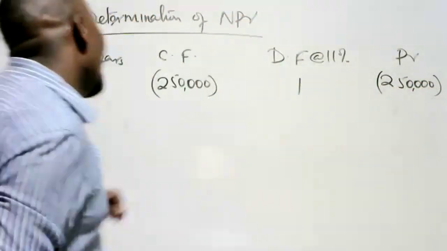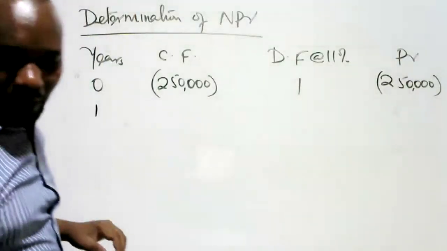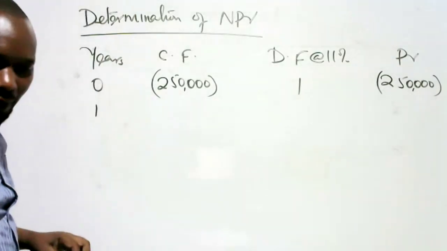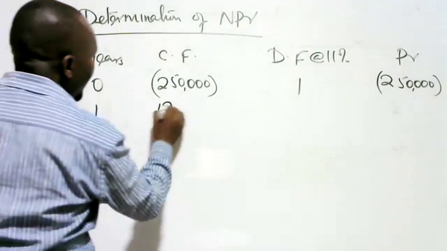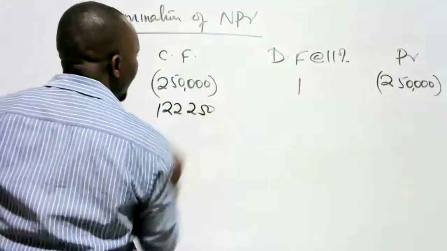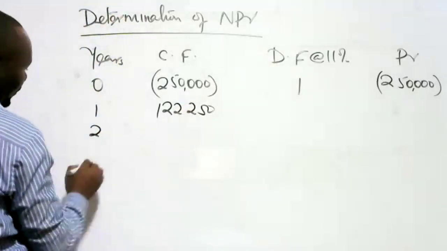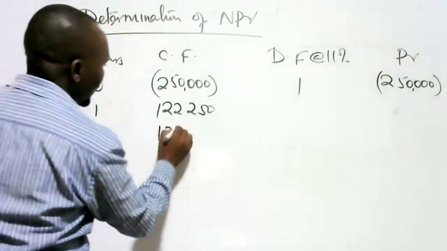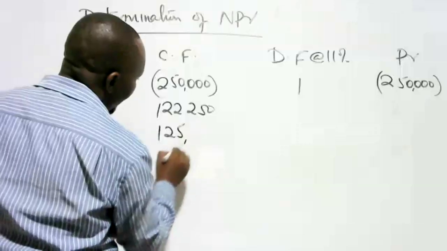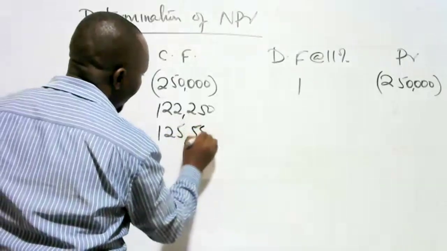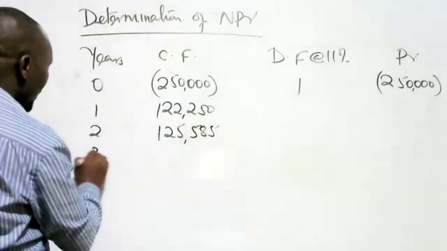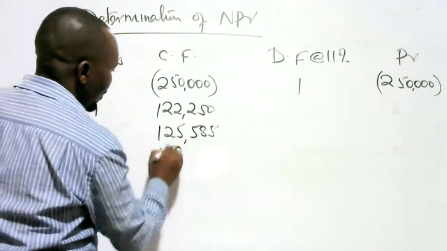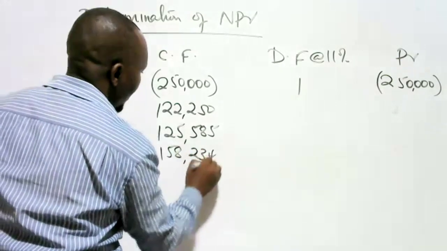Then after that, year 1 cash flow. Somebody can read it for me. 122,250. Year 2 cash flow, 125,585. Year 3, 158,234.10.